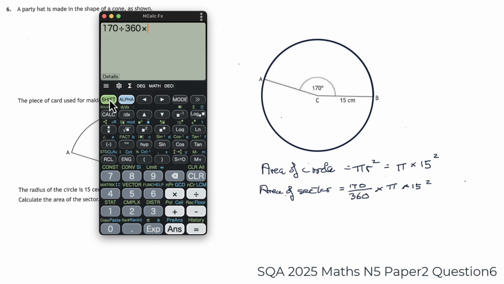I need to do this shift and then press that button. And there's times pi appearing in there, and then times 15 squared. So times 15, and most calculators have a square button. There's mine. And that's the calculation. So pressing the equals to see what's the final answer.